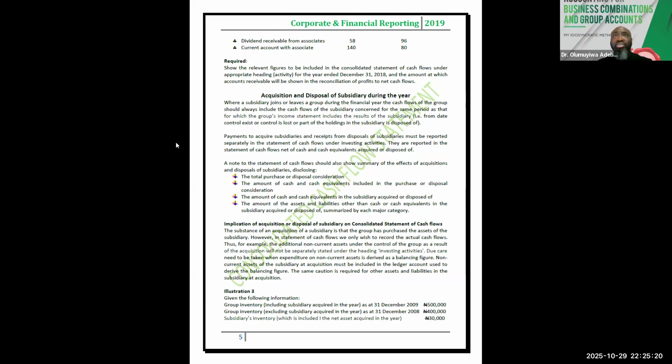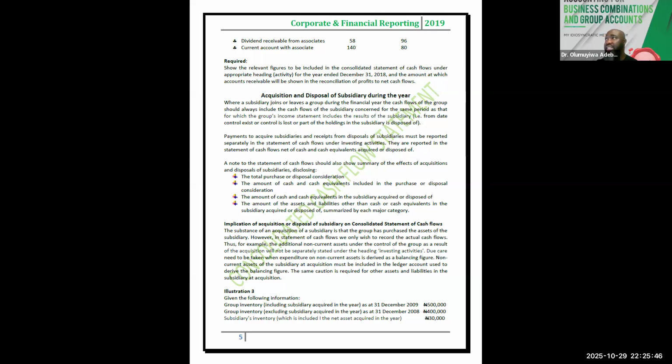But I want somebody to volunteer to read this expression first, before I use illustration to explain the impact and the strategy to extracting the cash flow impact and the treatment of same within the consolidated statement of financial position.